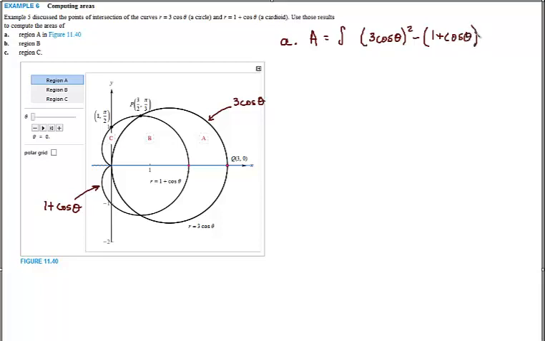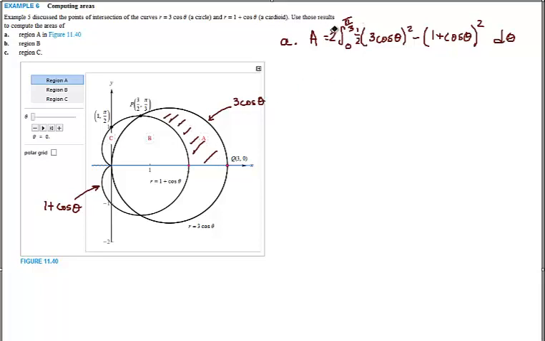I am going to integrate this from theta equals 0 to pi over 3. I've got to square this, and it's got to be d theta. This is going to be a 1/2 here. Since I'm just doing it from 0 to pi over 3, I'll just be getting this section, and I will need to double it.